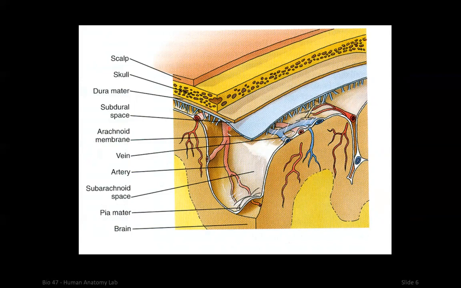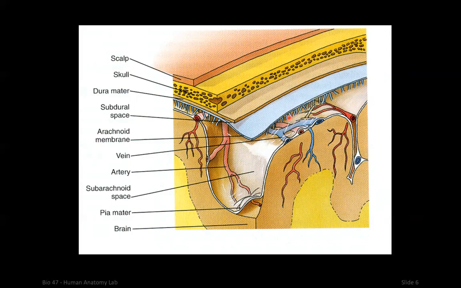of the overlying bone. So it's really tightly knit in most places to the overlying bone. The subdural space is a hypothetical space between the dura mater and the arachnoid mater. The arachnoid mater is said to be the spider-like mother, like arachnophobia, fear of spiders. It's because it has this webbed appearance. And below the arachnoid mater is the subarachnoid space, and that's filled with cerebrospinal fluid.